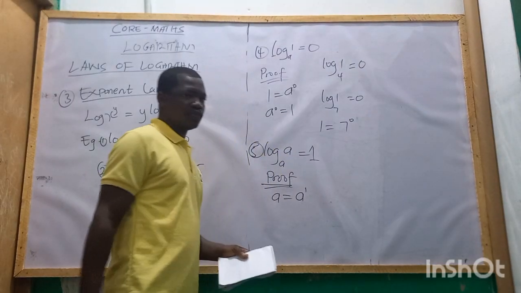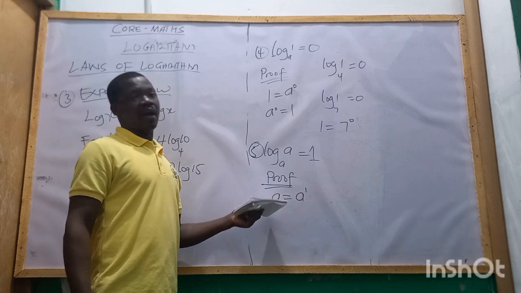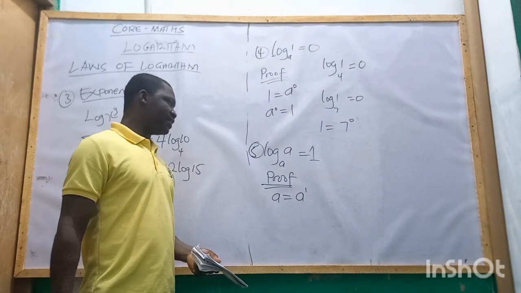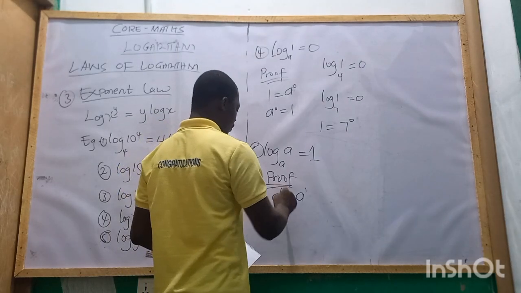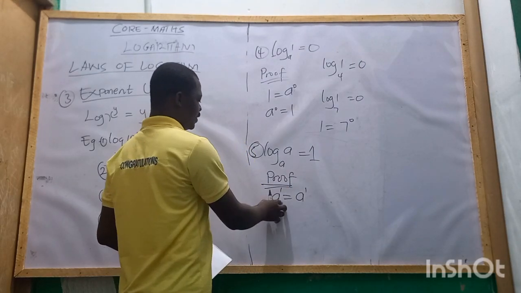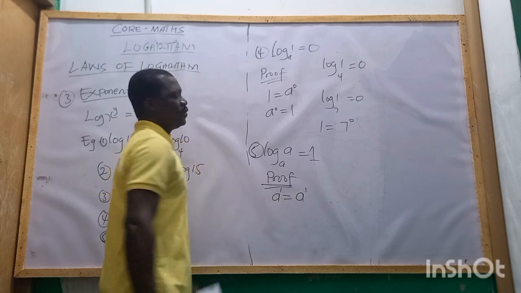So in indices, we know that if any variable or any number is there without an exponent, it has an exponent of 1. So A exponent 1 is equal to A exponent 1.